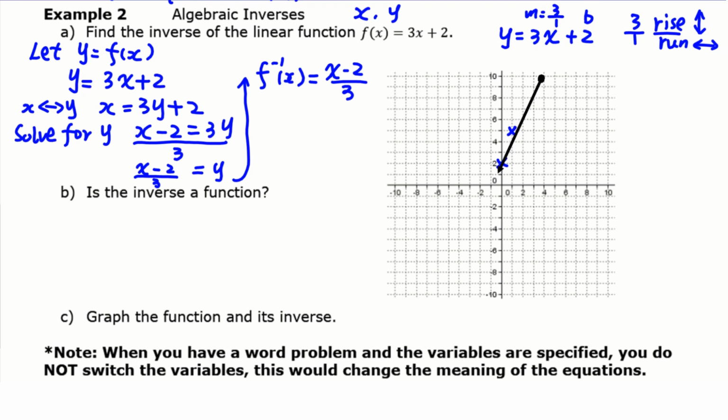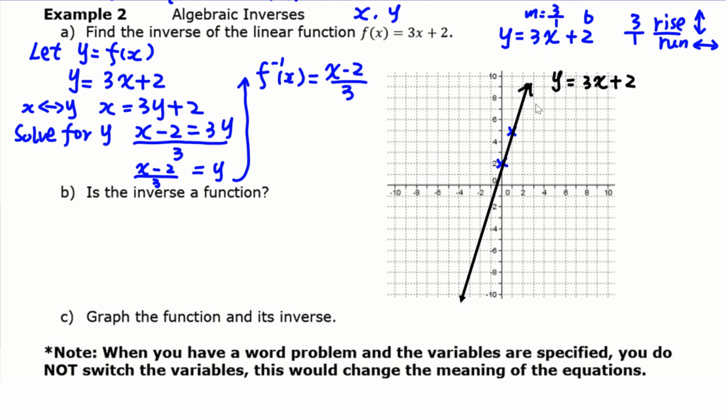So we need to move it a little bit. So this is y equals 3x plus 2. Put arrows at each end. It means the graph keeps going.